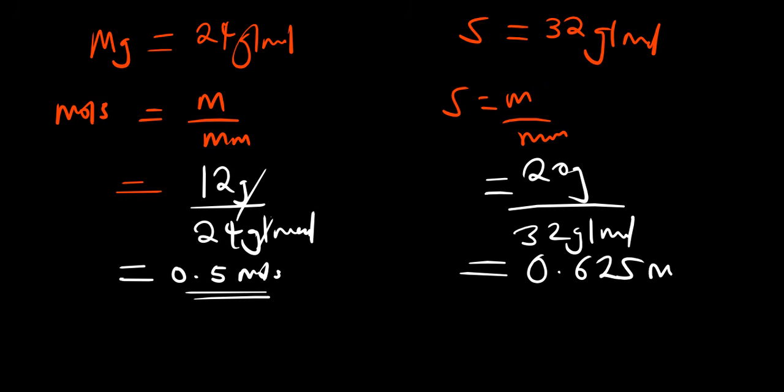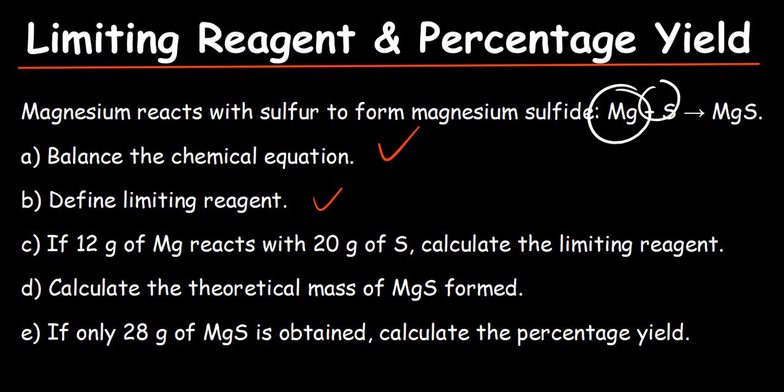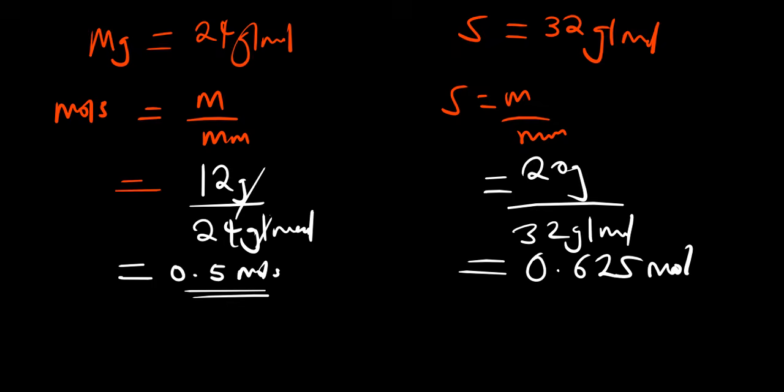moles. Now from the equation we can see that the ratio between magnesium and sulfur is just 1 to 1. Here we have to be very, very careful. What this means is that for 0.5 moles of sulfur, we also need 0.5 moles of magnesium. Now look at the available sulfur, it's 0.625.